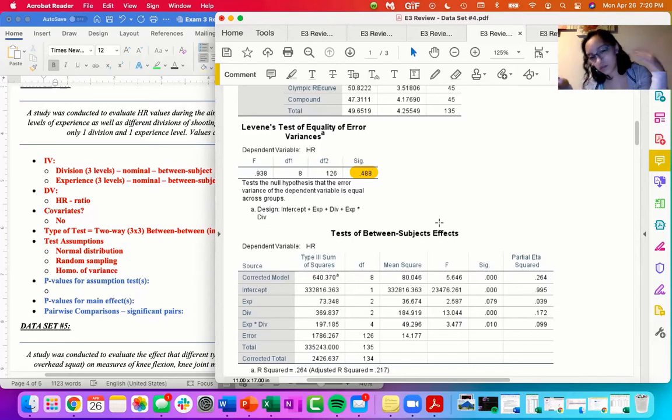But if each of the individual groups has met the assumption, we would also assume that the interaction has met the assumption.